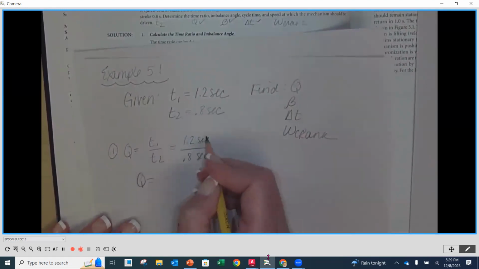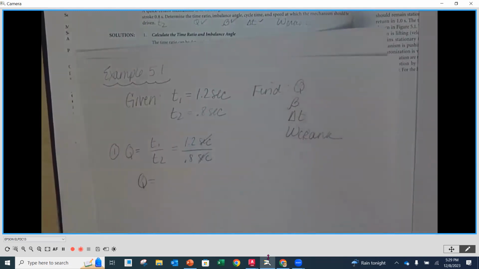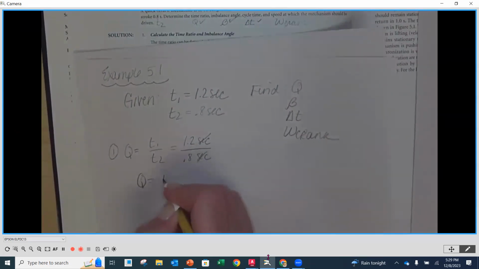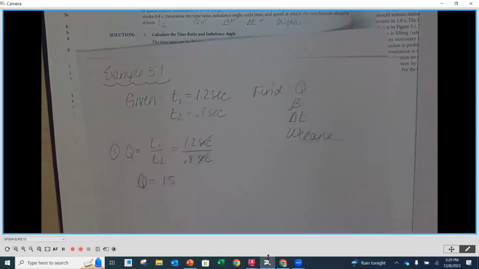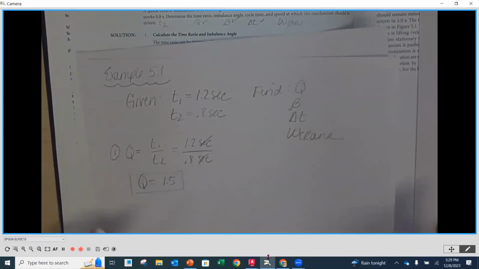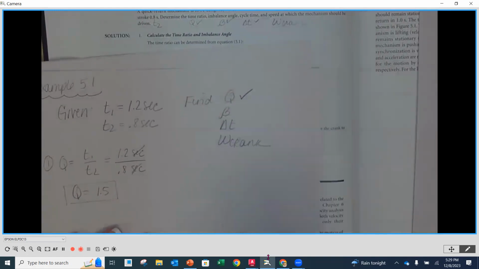So my Q, I'm going to get my seconds canceling out. It's going to be 1.2 divided by 0.8. Do you get 1.5? Okay, and it's just a ratio, so there are no units in this case, right? Okay, cool. So we can put a box around that, and we can say we got Q done. So we can say check.